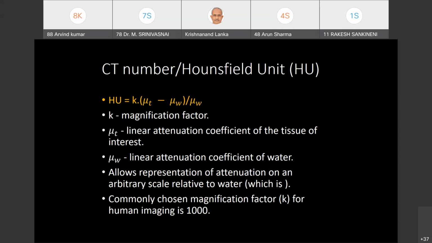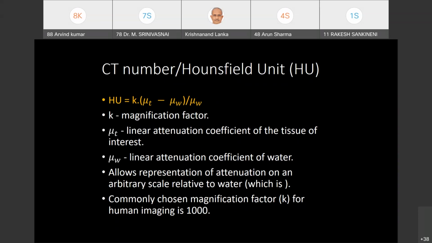The commonly chosen magnification factor K for human imaging is used, and the CT number changes with the medium through which the X-ray passes, right?